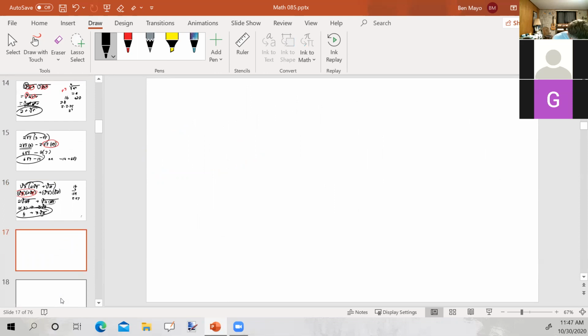Let's see. Again, all variables are positive. Basically, it looks like this whole section, all the variables are positive. Okay. The square root of 2 plus 1 times the square root of 2 minus 3. So now it's kind of like we're foiling two binomials together.